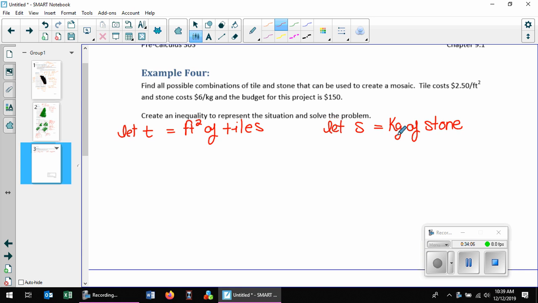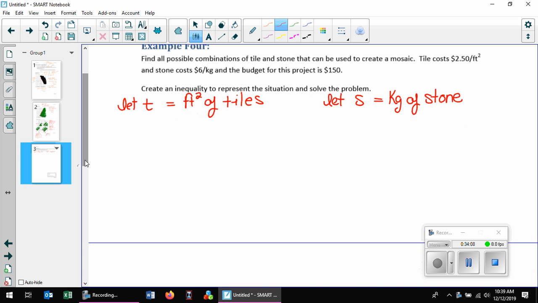Okay, so we're going to make a statement. What is the amount of money I've given you for the project? 150. This is the stuff you're going to buy. Okay? So what do we know? If this were an equation, this side, left side, right side. What do I know? 150 is greater than 40.